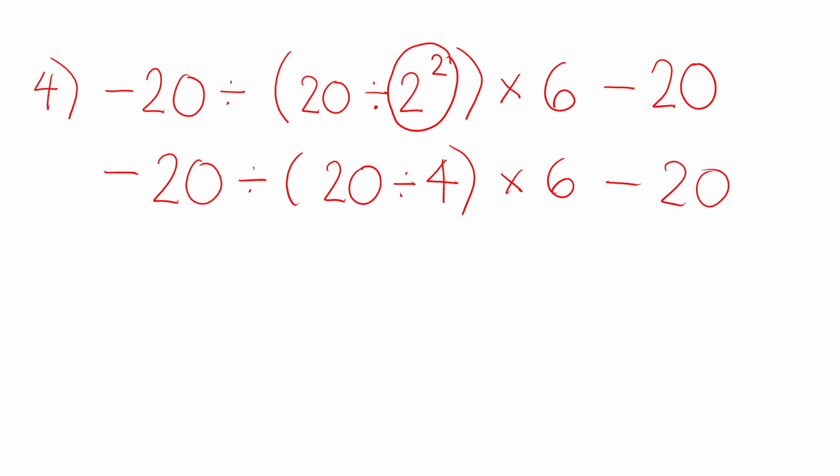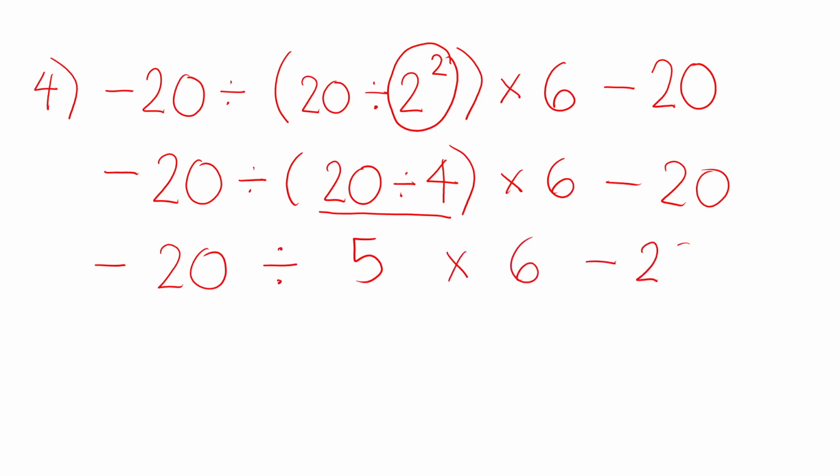Let's do what's inside the parenthesis. What is 20 divided by 4? 5. So I bring down negative 20, the division symbol, times 6, and minus 20. What do I do next? Will I multiply 5 by 6 or will I divide 20 by 5?